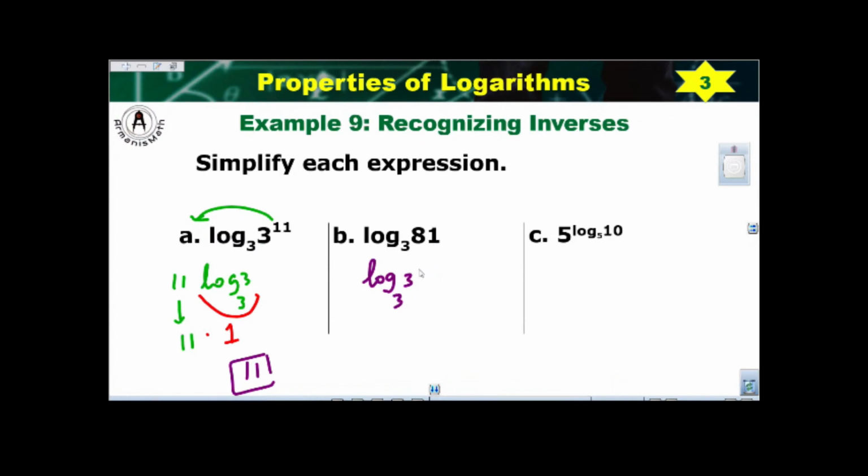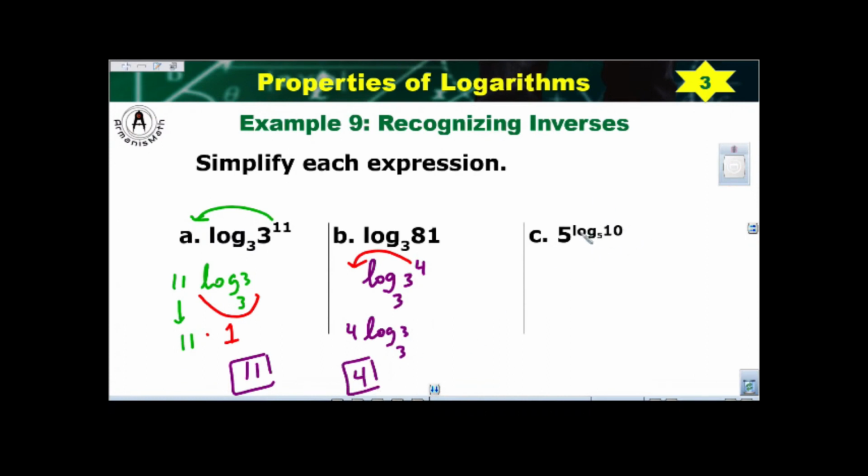To the second is going to give me 9, and then to another second is going to give me 81, so to the fourth. What do you think I'm going to do to the 4? I'm going to move it up front of the log. That becomes 4 times my log base 3 of 3. Well, we just discussed this item here. Log base 3 of 3 gives you 1. 4 times 1 is 4.